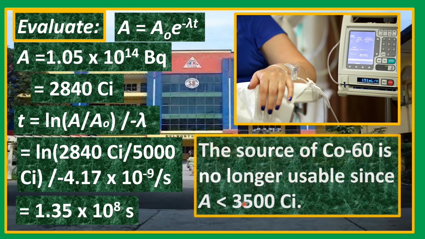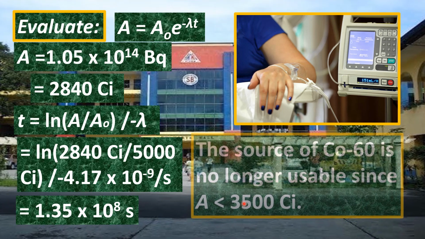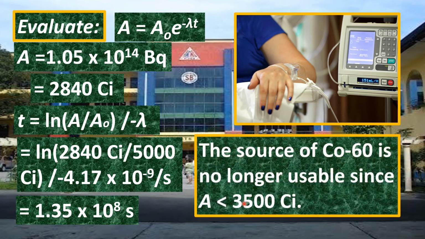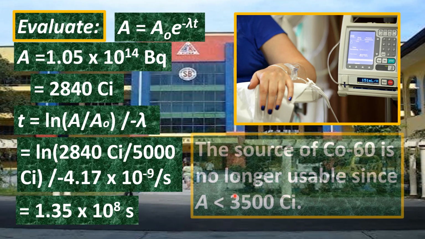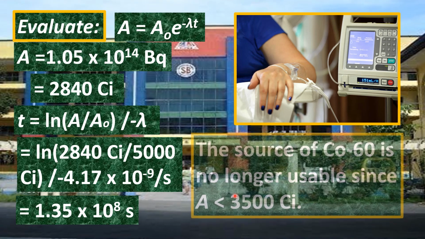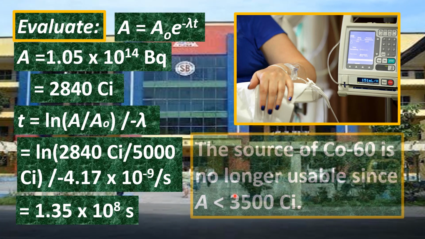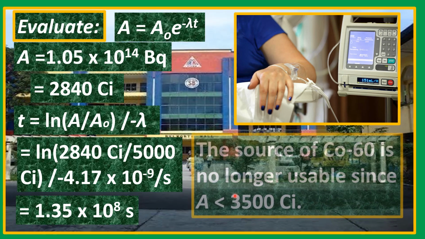It looks like the time elapsed between the date of manufacture of the cobalt 60 source to the date when it is to be used is 1.35 times 10 to the 8th power seconds, or a little more than 4 years.